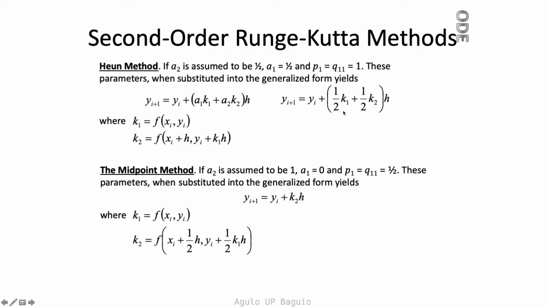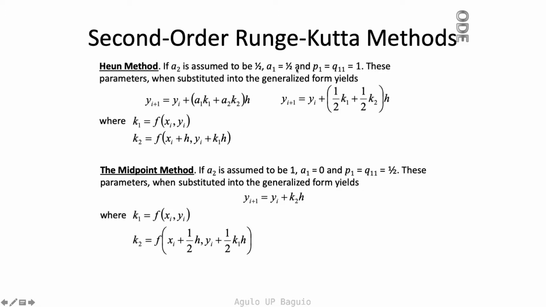Since a1 is equal to 1/2, we have 1/2 here. a2 is equal to 1/2 as well, and p1 and q11 are equal to 1. So we have 1/2 k1 plus 1/2 k2 here. k1 is equal to f of x sub i, y sub i, and k2 is equal to f of x sub i plus h, y sub i plus k1 h.